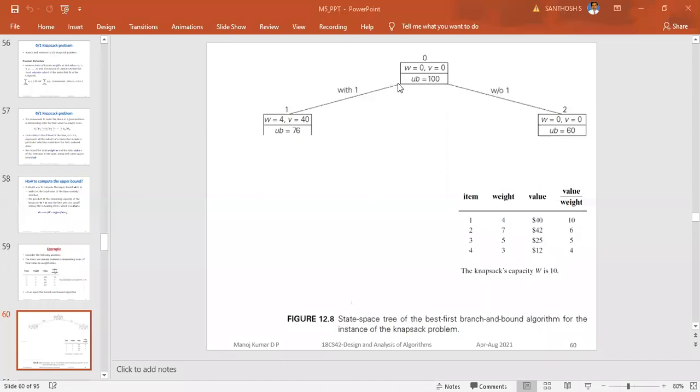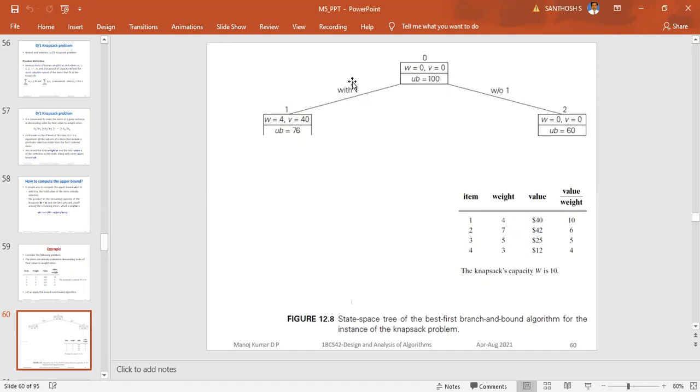When the upper bound is 100, first you take weight equal to 4 and value equal to 40. If that goes, what will be the upper bound? Next, with 1 and without 1. This is item number 1, and this is without item number 1.